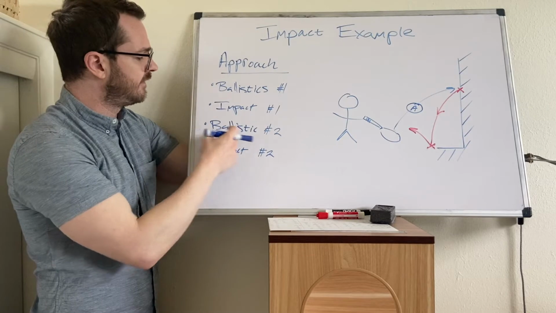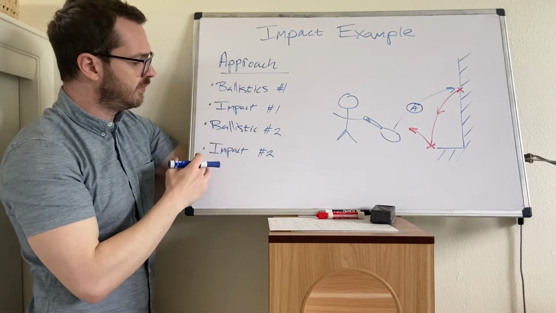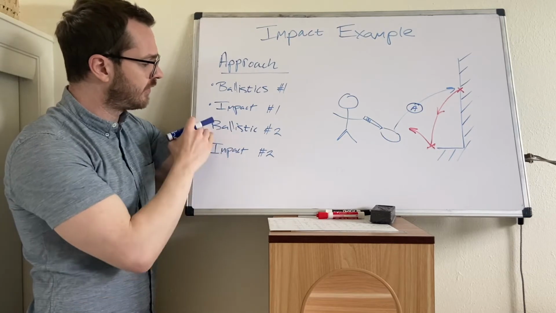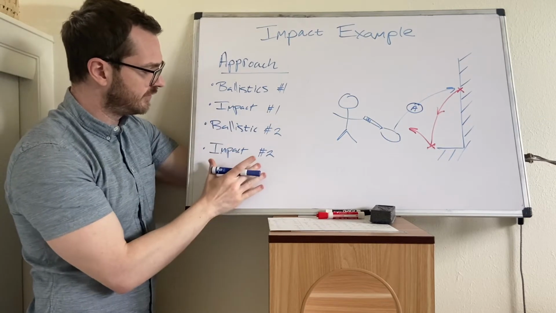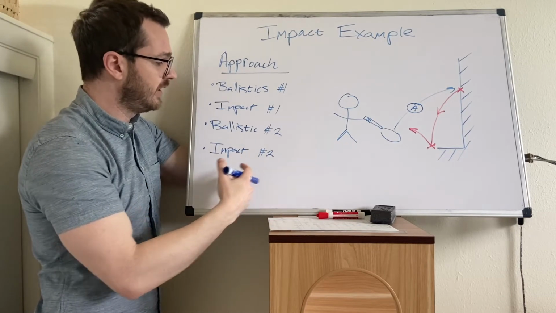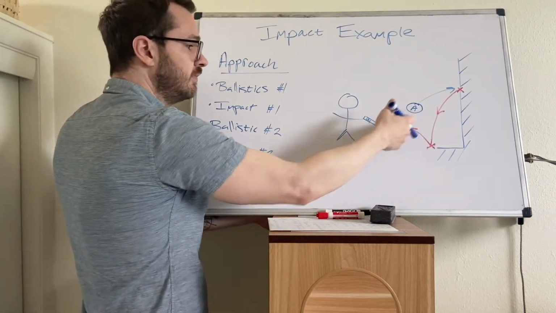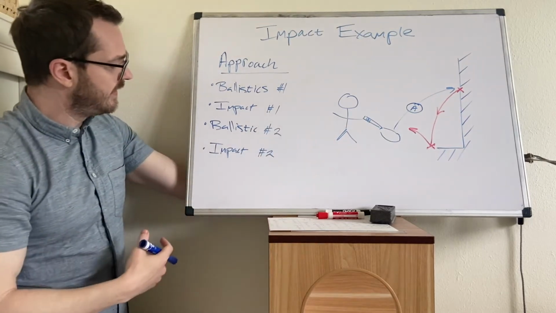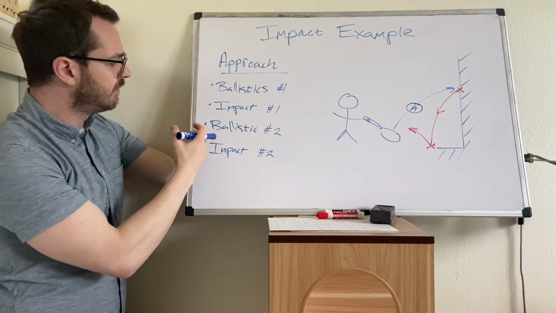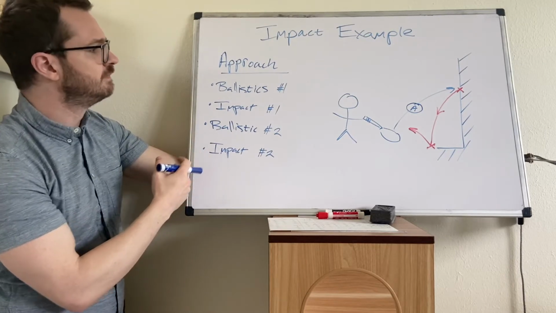And then from that ballistic analysis, we're going to end up with the states going into the second impact event. Those are the initial conditions for this impact event, and then we solve for the conditions coming out. If we wanted to continue, we could bounce, bounce, bounce, and just switch back and forth between ballistic phase and impact phase.